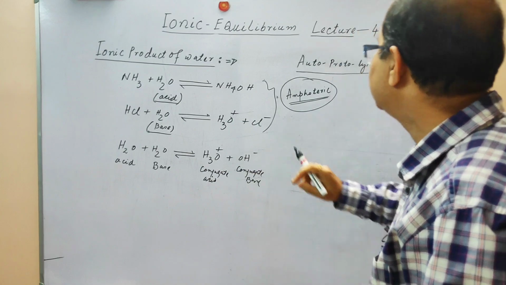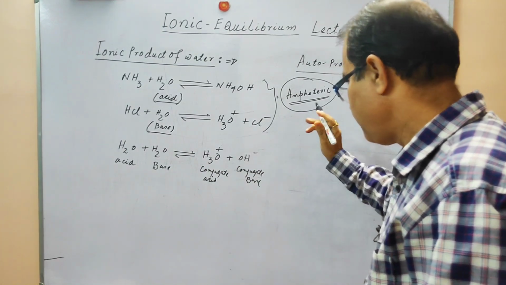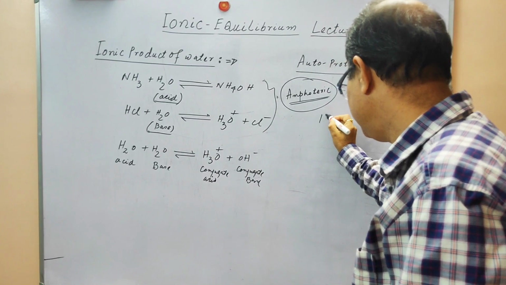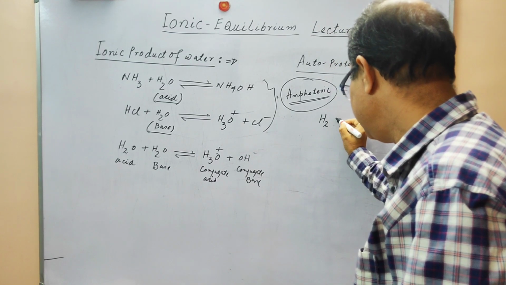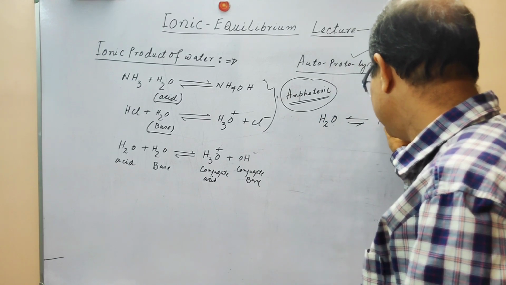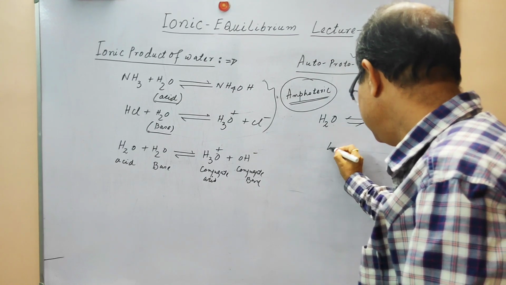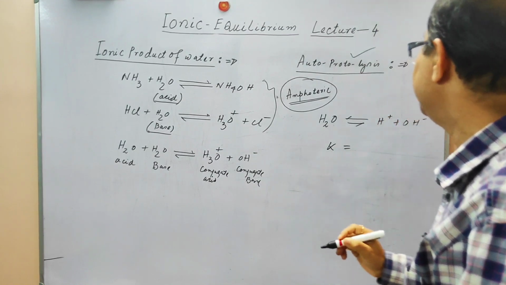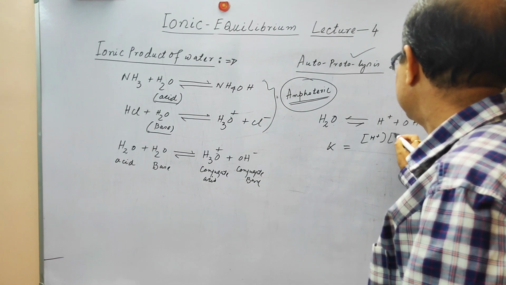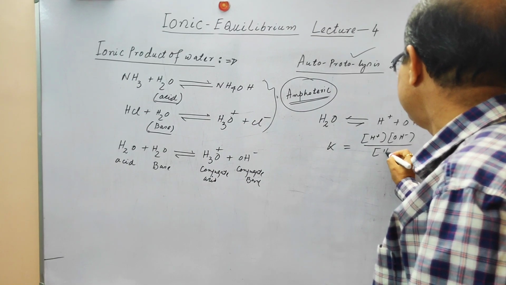So this ionization process is called autoprotolysis, and we can simplify this dissociation of H2O in this fashion. H2O produces a hydrogen ion and an OH minus ion, and for the equilibrium constant K we get the concentration of H plus and the concentration of OH minus divided by the molar concentration of H2O.